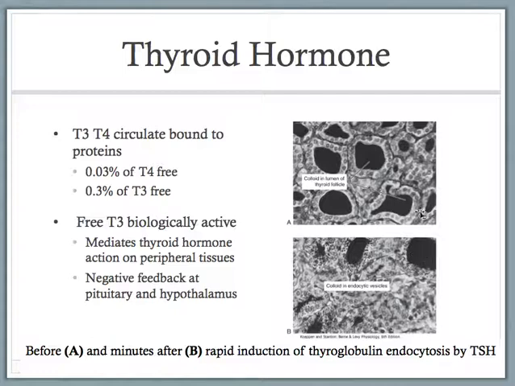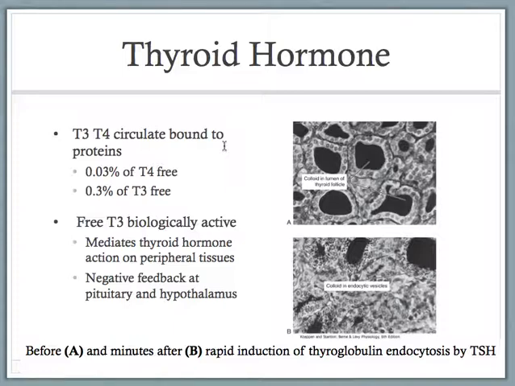When there is a need for T3 and T4, you'll actually see this colloid kind of go away. These cells will contract and release their products, and we have to then build up this colloid pool over again. All right, so we already saw T3 and T4. They circulate bound to proteins.